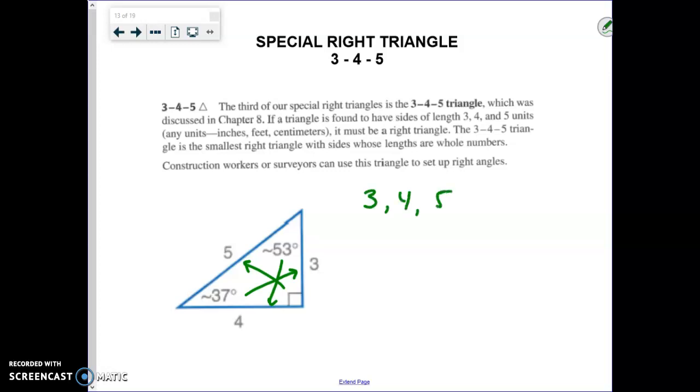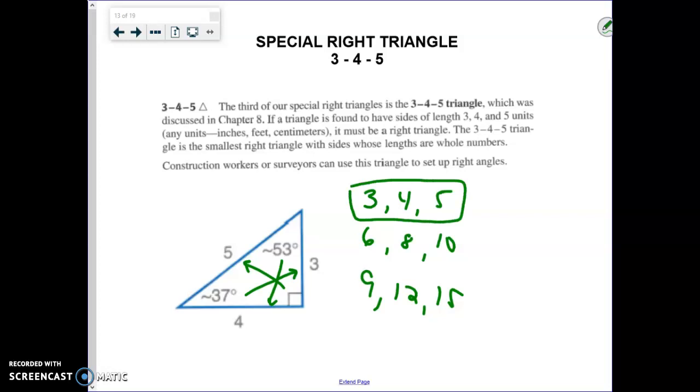It'll also work for 6, 8, and 10, or if you want to triple 3, 4, 5, 9, 12, 15. Any multiple of 3, 4, 5 will work here and have angles that are approximately 37, 53, and the right angle of 90. So we're done with this. In the next videos, we're going to look at some examples.